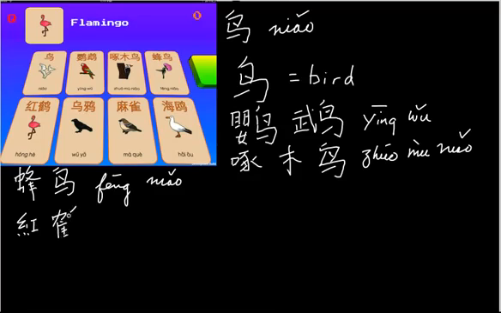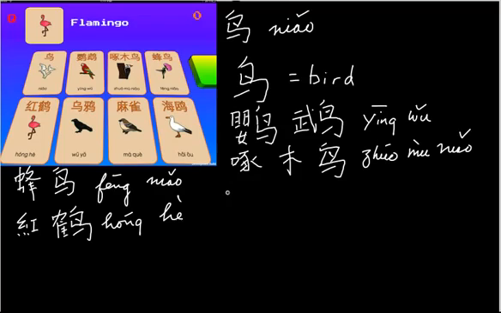And again, this is the well-known symbol by now, repeated over and over, the niao symbol. So when you see this symbol, you know that the character he has something to do with a bird. And hong is in the second tone, he. Hong he, that's a flamingo. And he has the bird symbol in it.